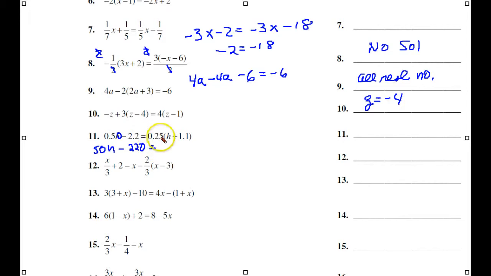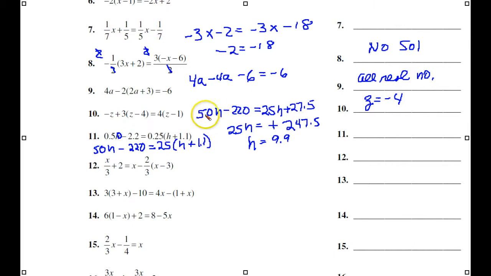Here we can move it over 2, there's not a problem. So it's going to be 25h plus 1.1. Now you might say, we didn't do anything to that decimal. That's true, because we couldn't. We just multiplied all of these, and that should make it a little easier for you.